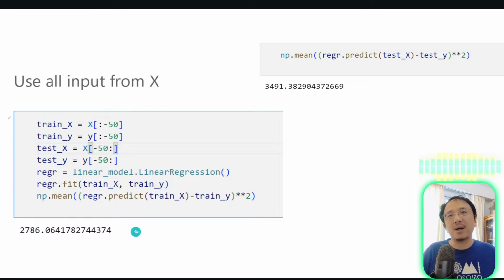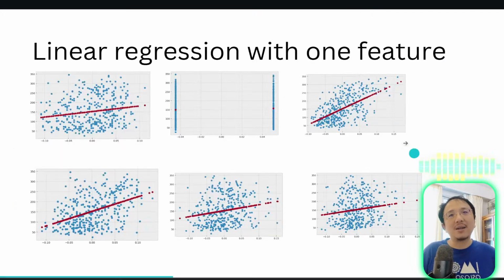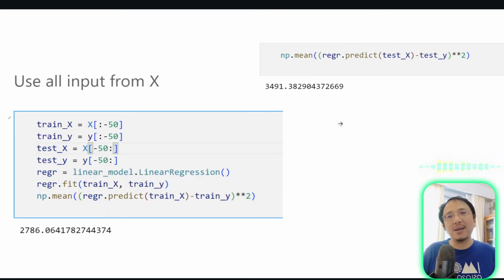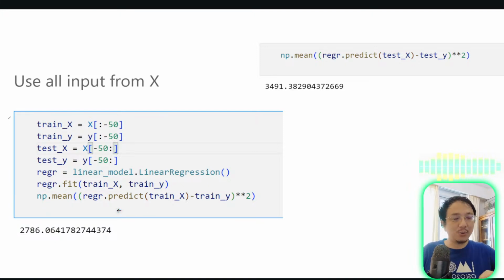Then you will get a training loss and testing loss. If your training loss is higher than the training loss of this guy, you are probably doing something wrong. And if the training loss of this guy is very similar to this guy, there are two possibilities. One is that you are doing something wrong.